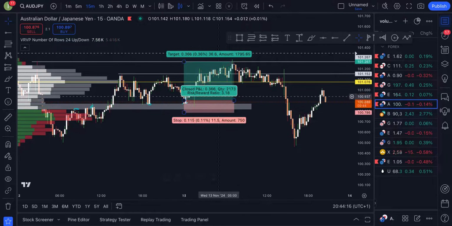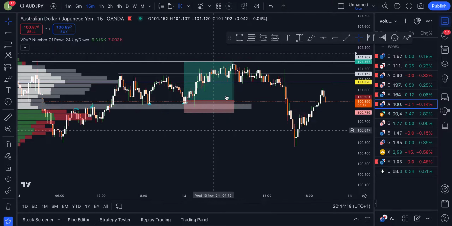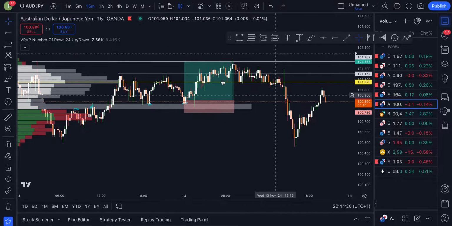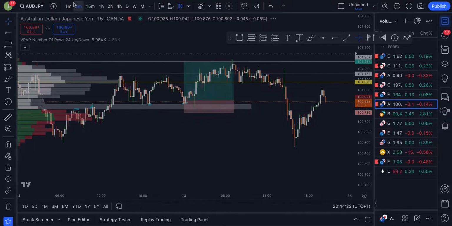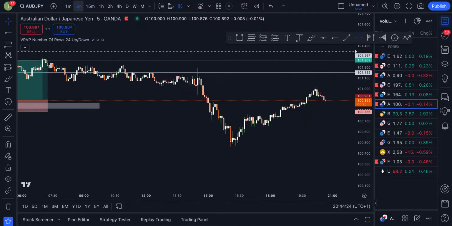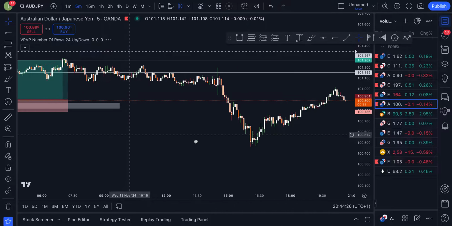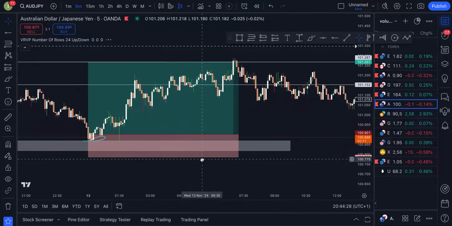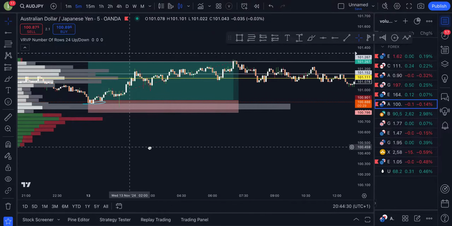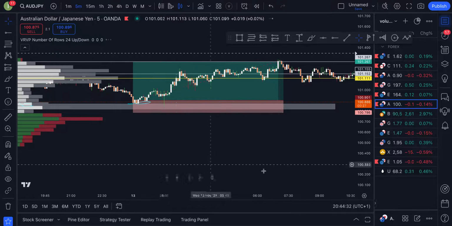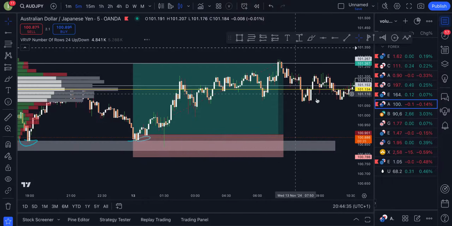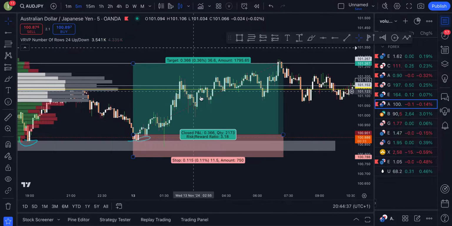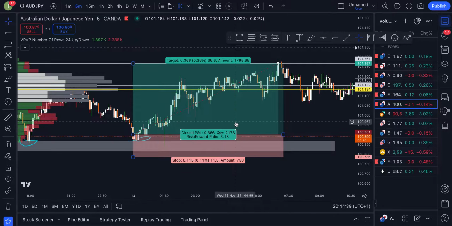Then as price was progressing this way, an LBS setup came up on the 5-minute time frame. Right. So as we were moving up this way, when it comes to LBS, there are a few things you have to look out for.